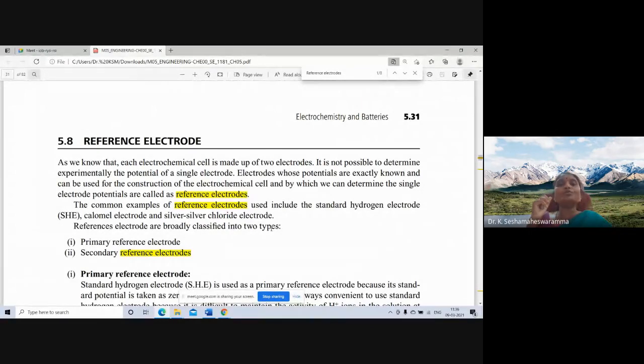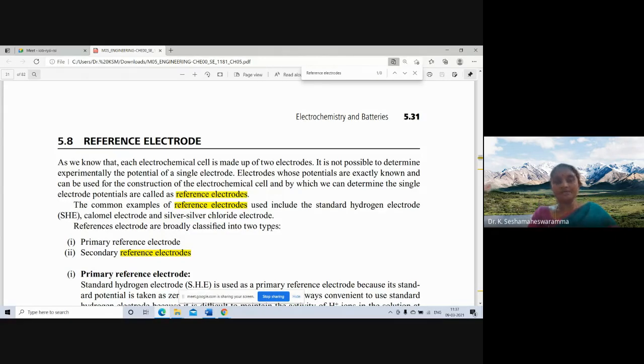So electrodes whose potentials are exactly known and can be used for the construction of the electrochemical cell, and by which we can determine the single electrode potentials, are called reference electrodes.